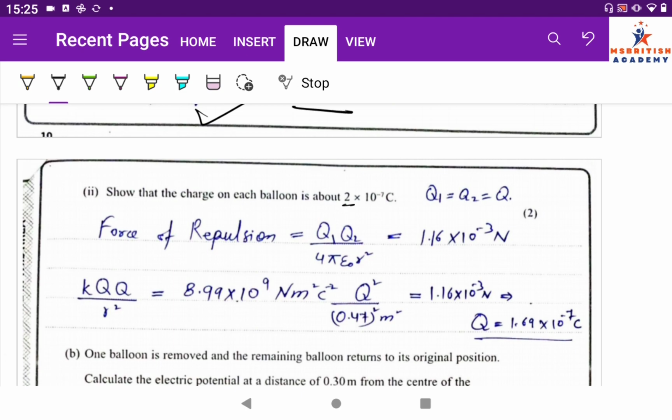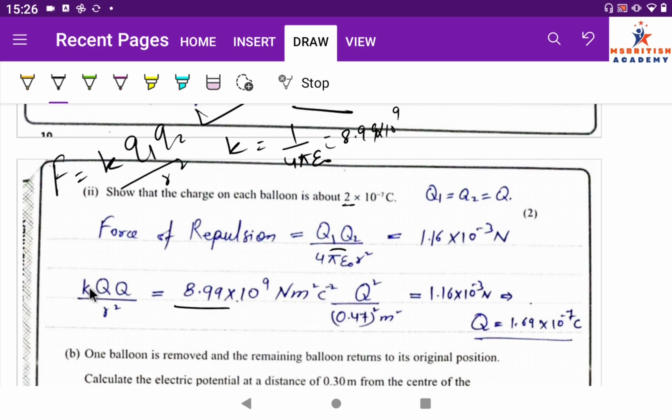The formula is k q1 q2 upon r squared, and the value of k is 1 upon 4 pi epsilon naught. So here the repulsion force is equal to k q1 q2 upon r squared, and q1 and q2 are the same, because in the question it is given that the charges are equal. So it will become k q squared upon r squared, and the value of 1 upon 4 pi epsilon naught is 8.99 into 10 raised to plus 9 newton meter squared per coulomb squared.